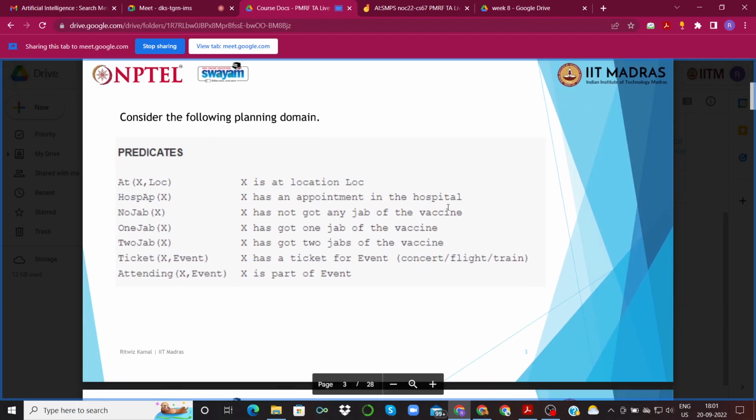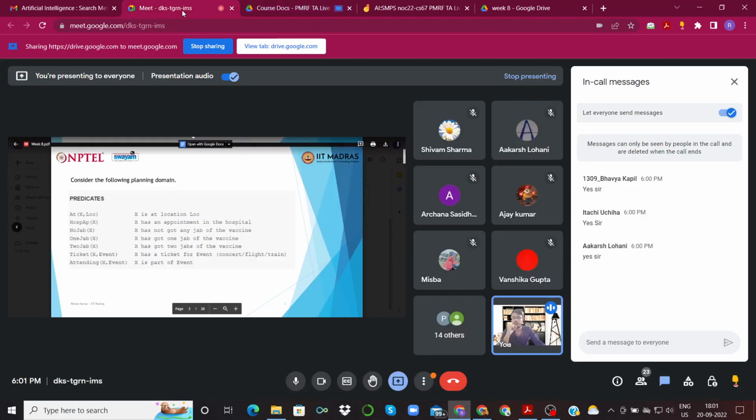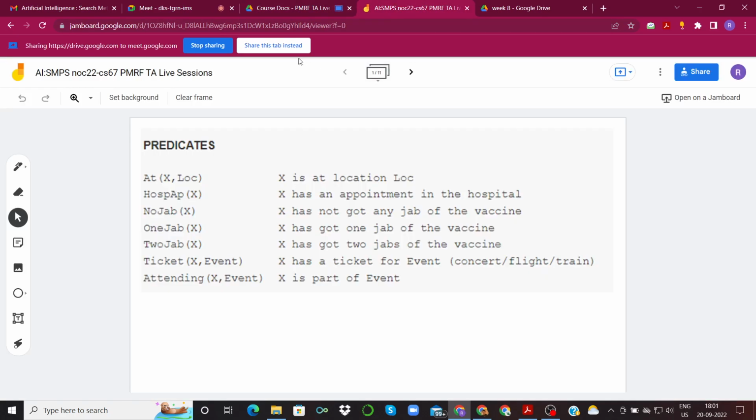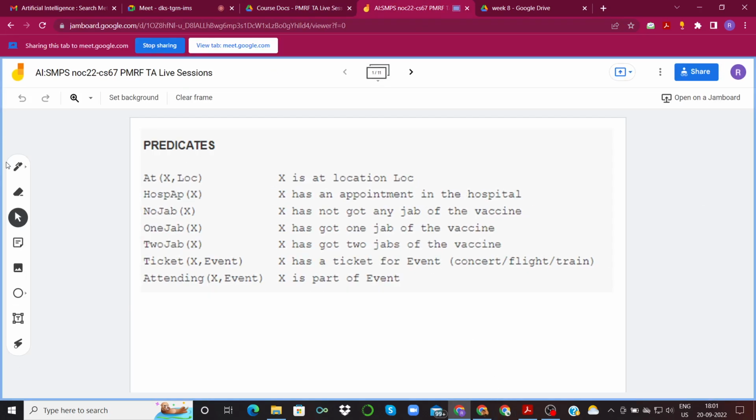I'll first give you a brief overview of the problem domain that we are going to work with. Here is the list of predicates that we are going to deal with. Let's look at it one by one. At(x, loc) means that a person x is at a certain location loc.